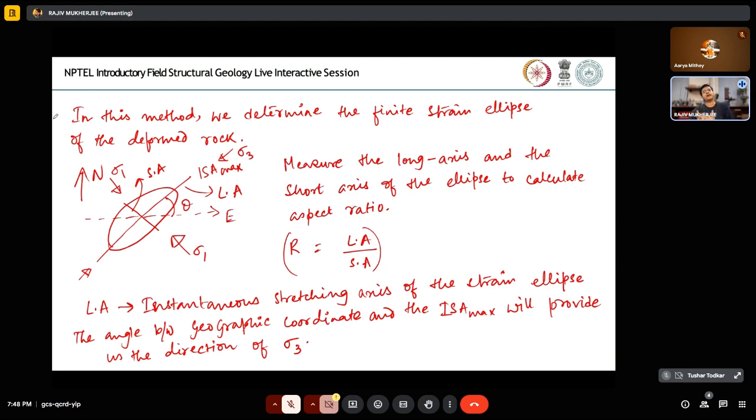So these are certain features which help us understand, or I would say give us a better estimation of strain rather than just relying on the markers. The disposition of markers is very helpful if you have some macroscopic feature.